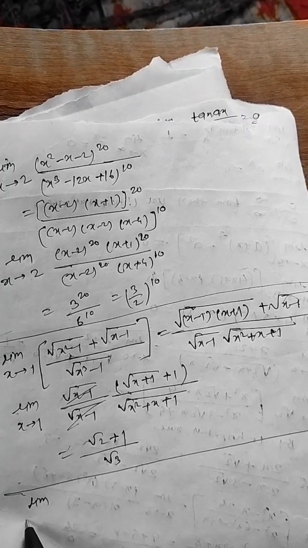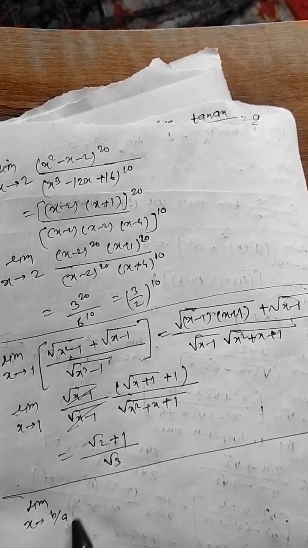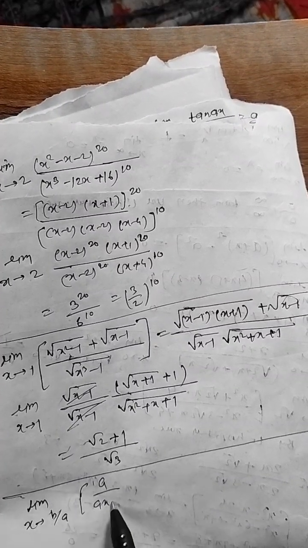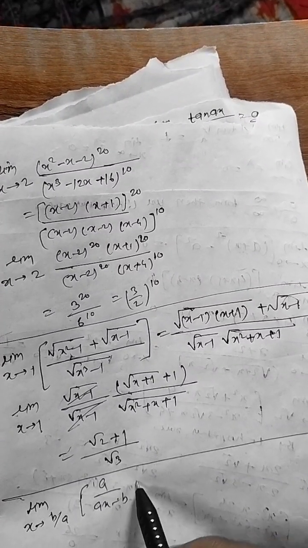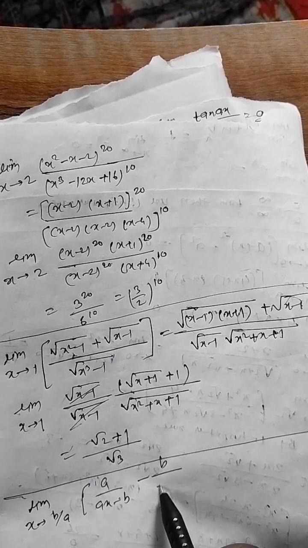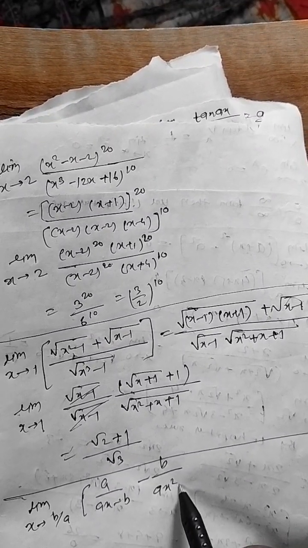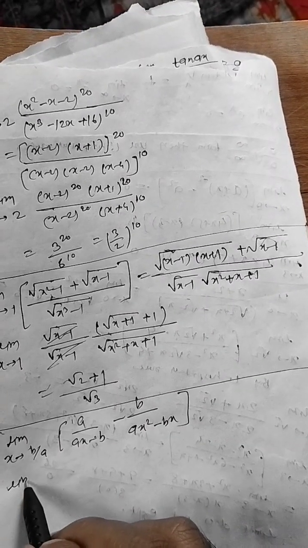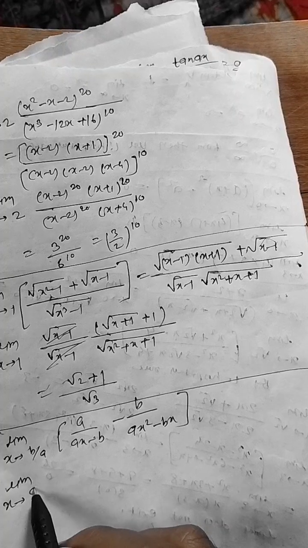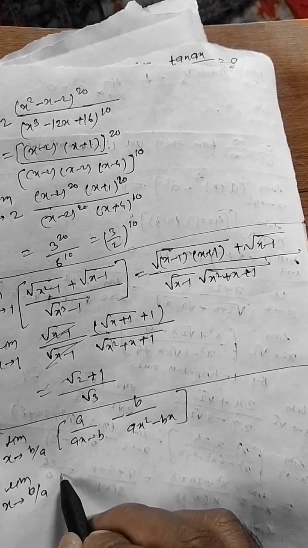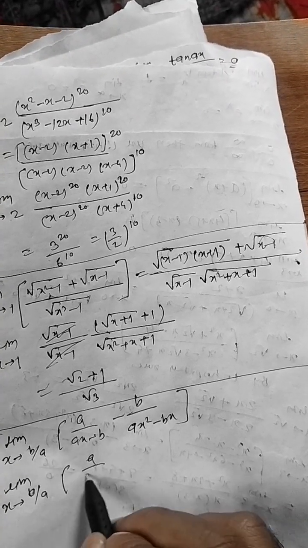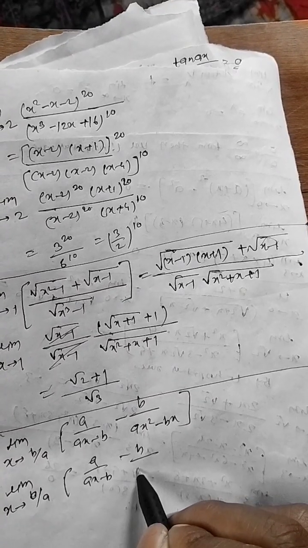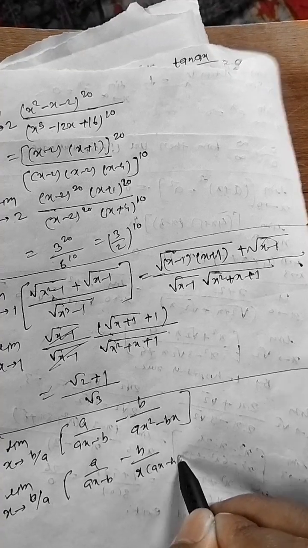Next problem, limit x tends to b by a of (a upon ax minus b) minus (b upon ax square minus bx). Limit x tends to b by a of a upon ax minus b minus b upon x into (ax minus b).